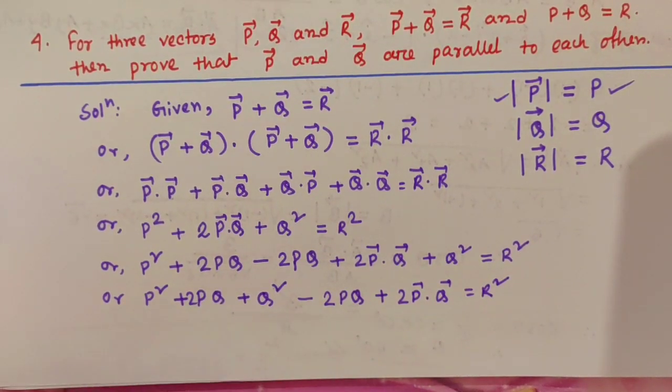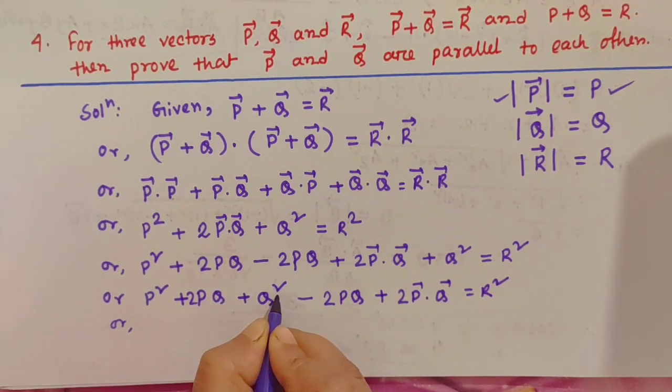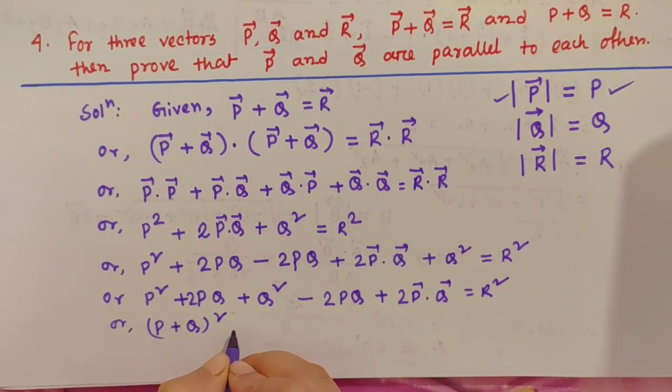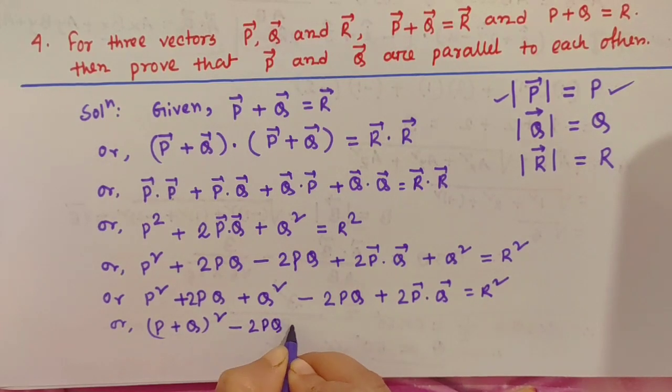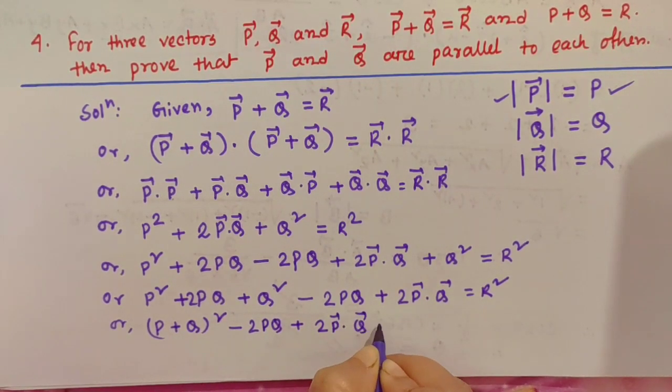So from here again, A square plus 2AB plus B square means A plus B whole square. So P plus Q whole square minus 2PQ plus 2 P vector Q vector is equal to R square.